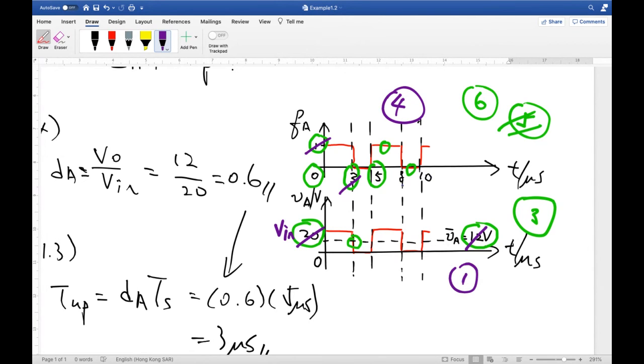So please indicate the critical points. What are the critical points? These are the critical points, right? Without that information, this is only a line without any meaning.